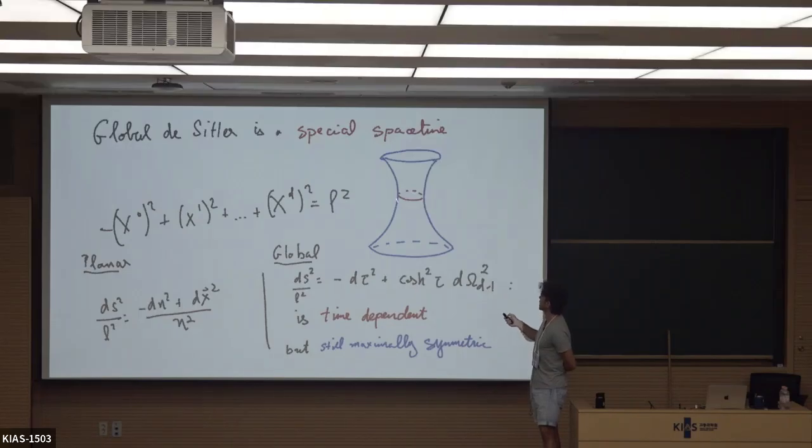Many settings of QFT on this manifold are used to study basic ideas, for example, in inflation and early cosmology. So this is why this setting is very important. We have a time-dependent and yet still very symmetric spacetime that represents a cosmology. And that's what we're going to put our QFT on.